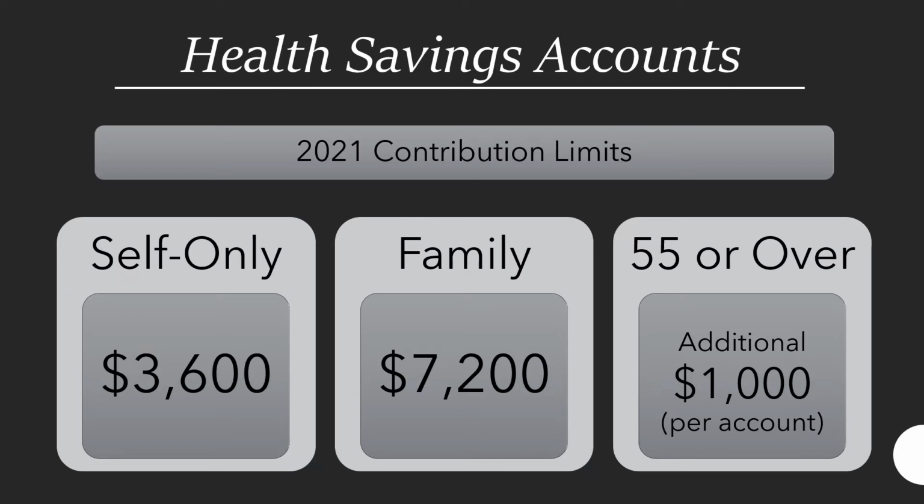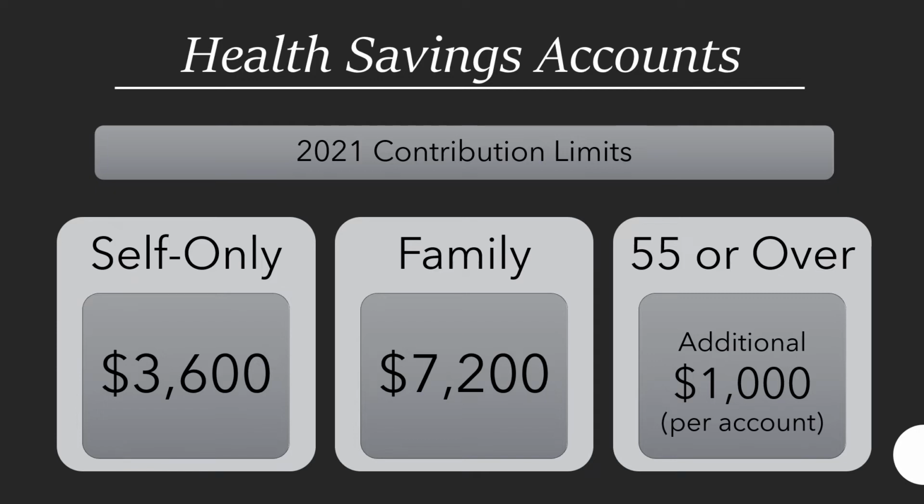But just to give us a general overview, if our taxpayer has self-only coverage, they will be limited to $3,600 in contributions for the year. For a family, that's $7,200. And if they are age 55 or over, there's an additional $1,000 per account.